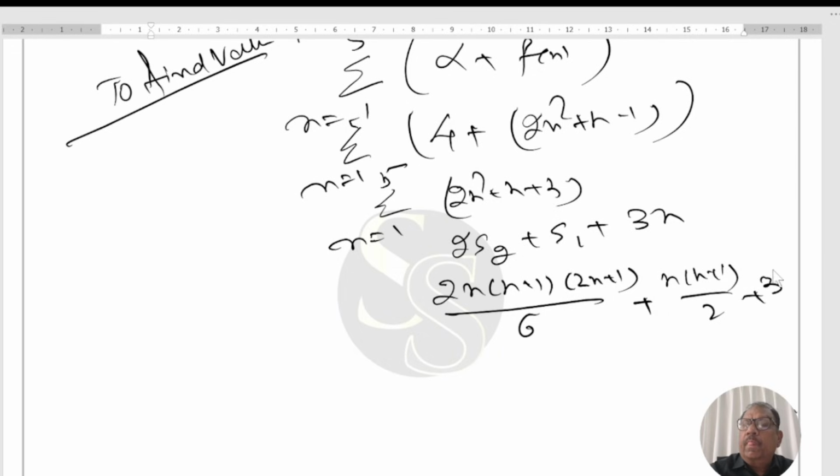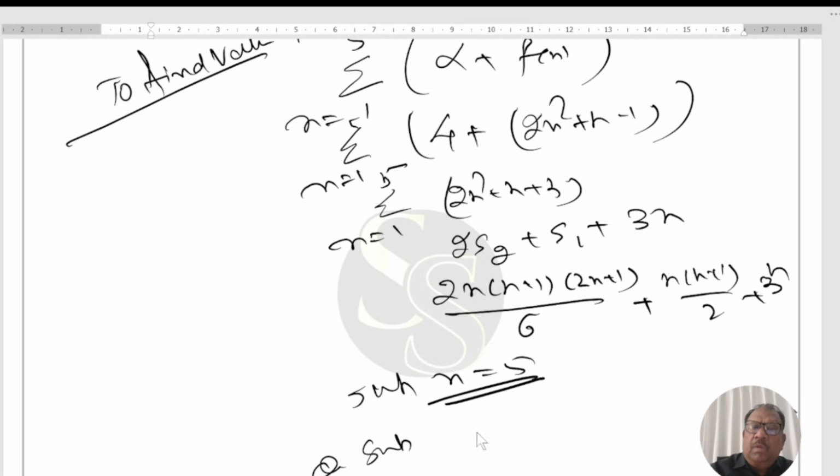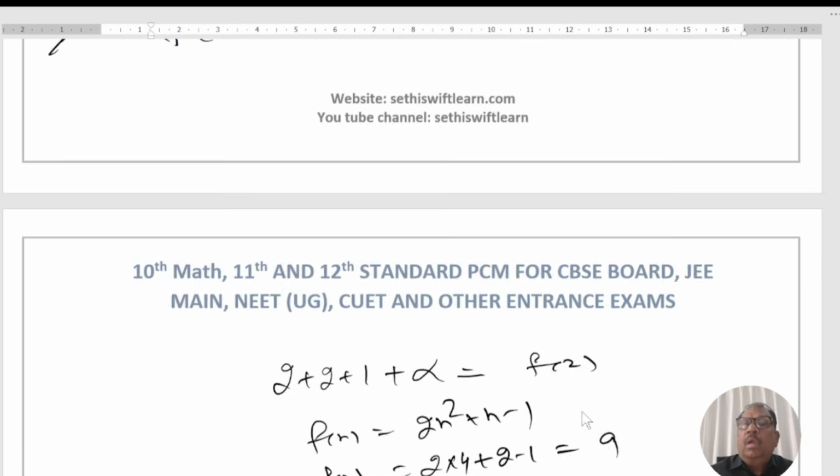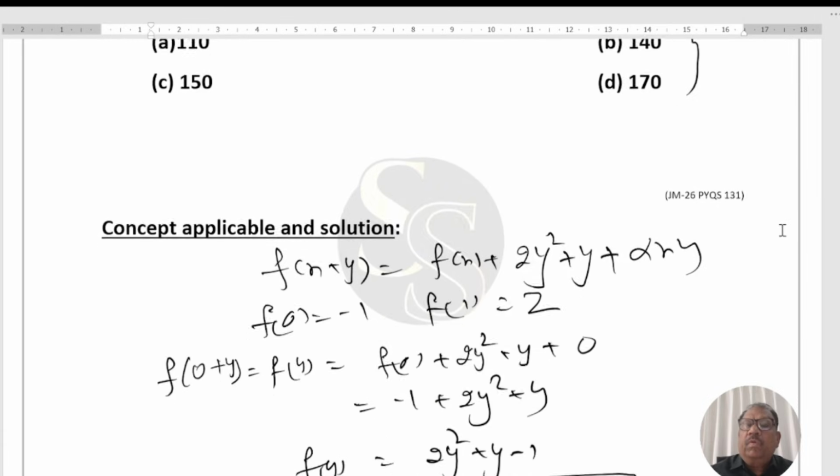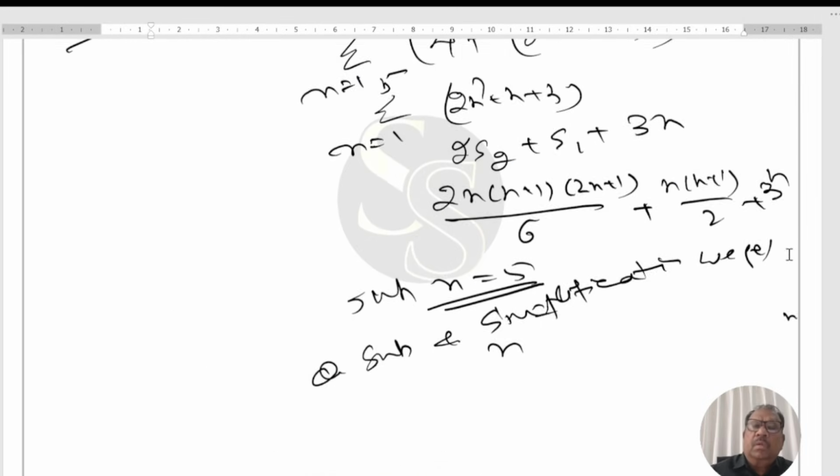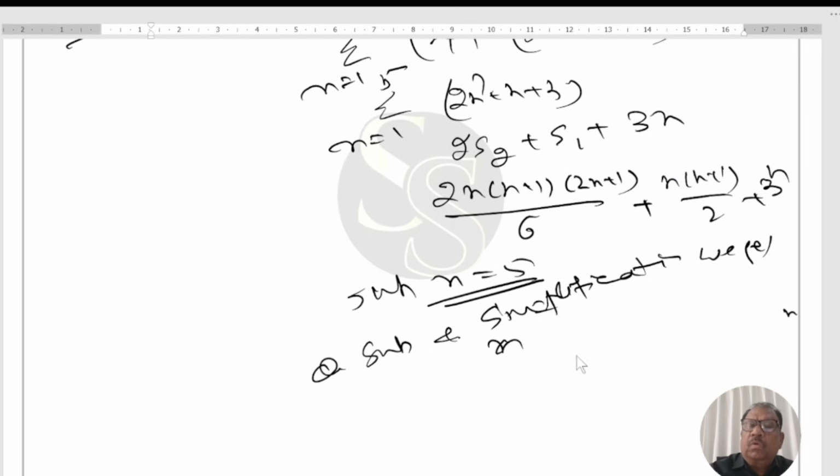Substituting n equal to 5, on substitution and simplification, the value of this equals 140.